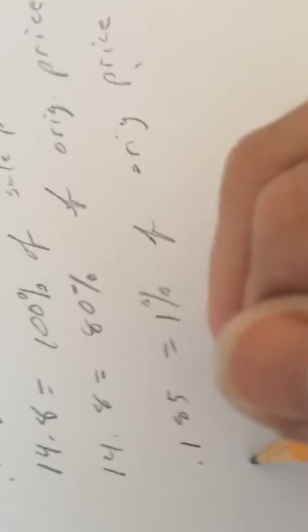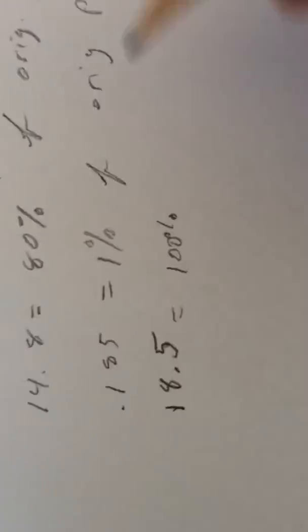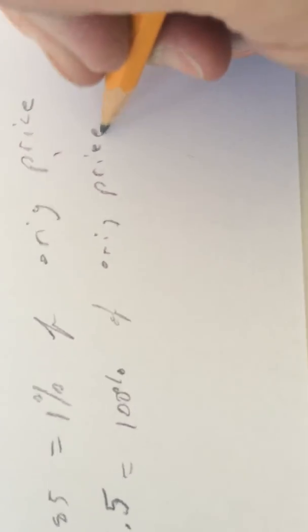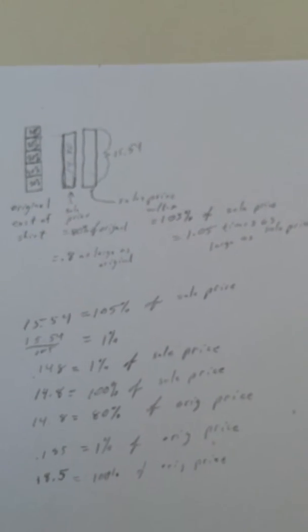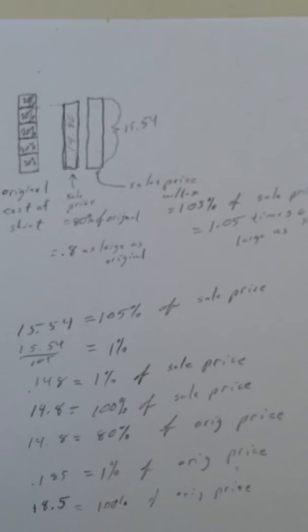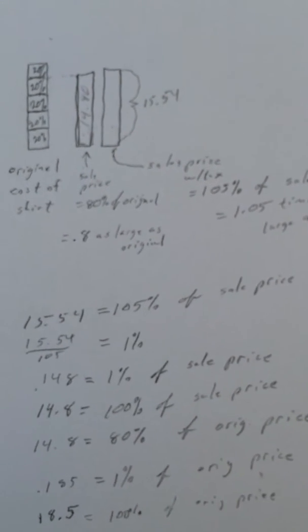Just multiply by 100, and the paper's spinning at me, sorry. You get 18.5 is equal to 100% of the original price. Okay, so here is the whole entire picture. Can you see that? So then I have the 18.5 is the original price.